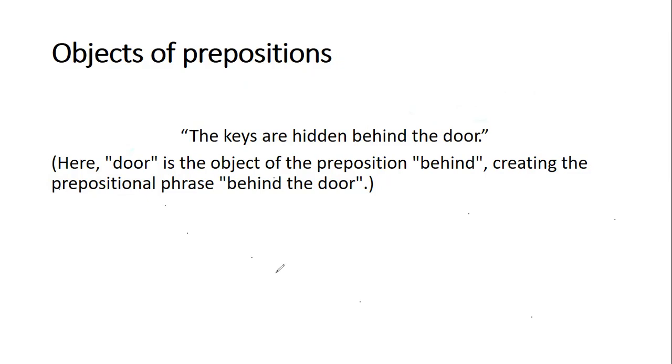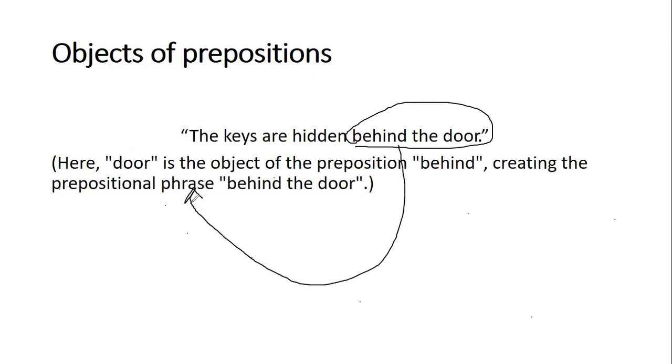The keys are hidden behind the door. Carefully look at this statement. If you have understood very clearly, the first moment you'll be able to say that behind the door is our prepositional phrase. Why?